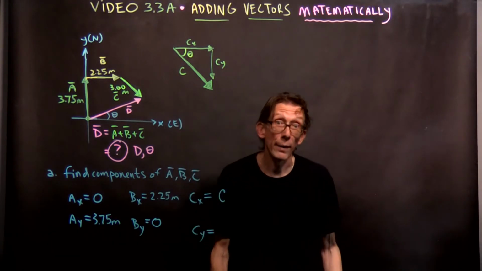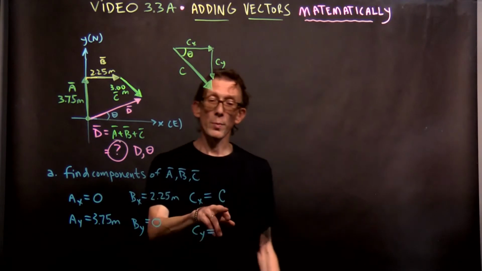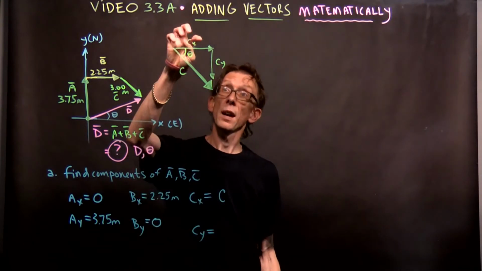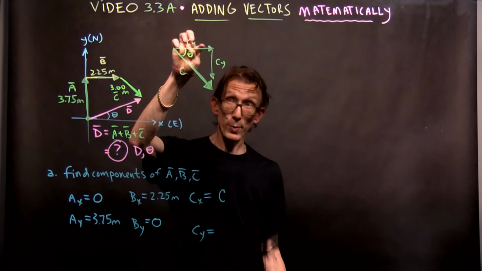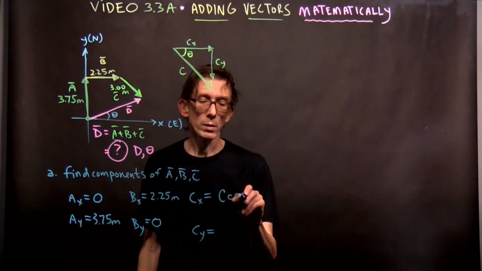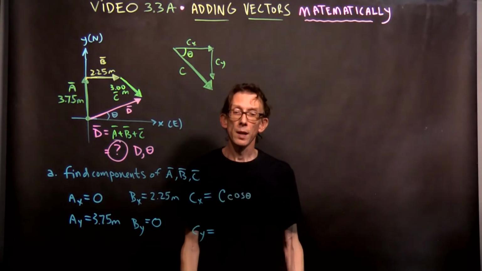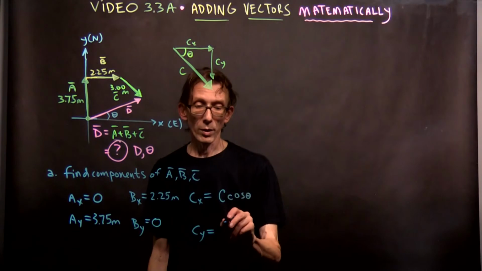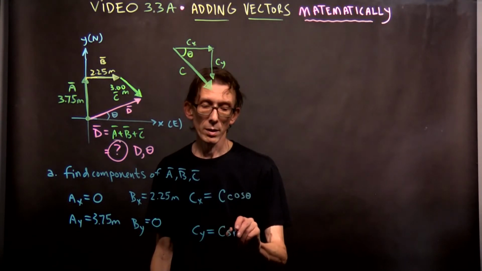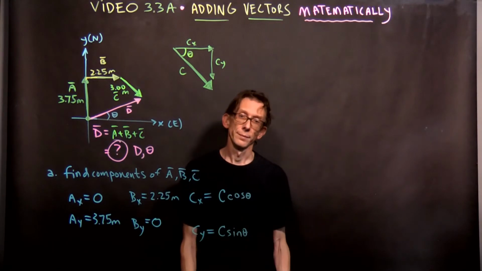It doesn't really matter at all. So Cx is going to be C. Now this is the adjacent in this particular triangle. Adjacent is cosine. So C cosine theta. Cy is going to be C sine of theta.